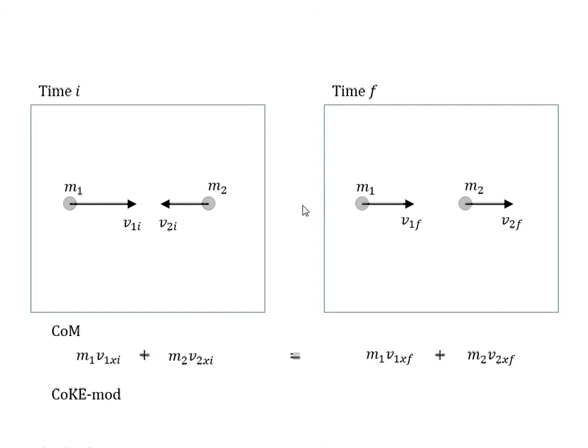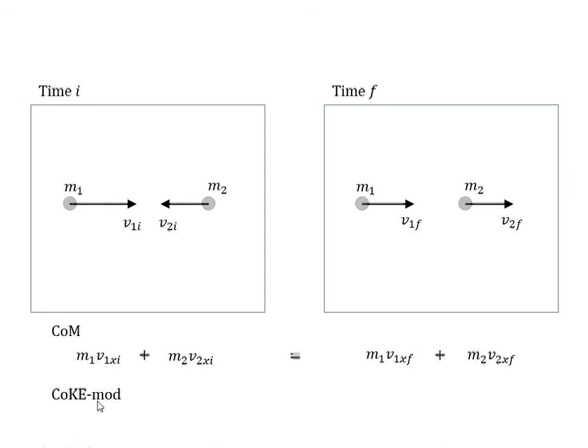Anyway, conservation of kinetic energy would make use of 1/2 mv squared, the kinetic energy, but it turns out in the one-dimensional problem, perfectly elastic collision, that conservation of kinetic energy equation can be combined with the conservation of momentum equation, and you can grind through a good bit of algebra and you get a new equation out.